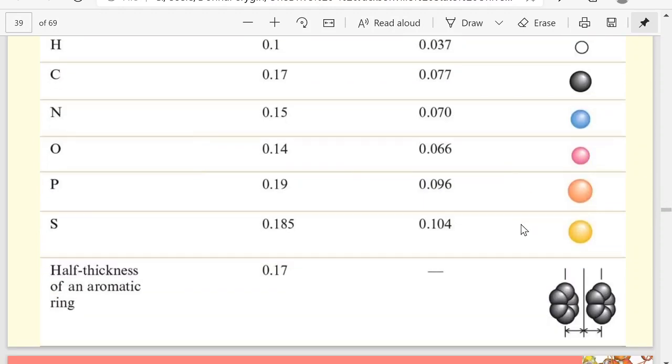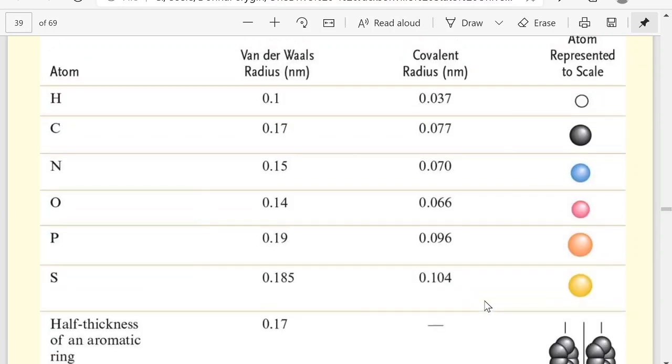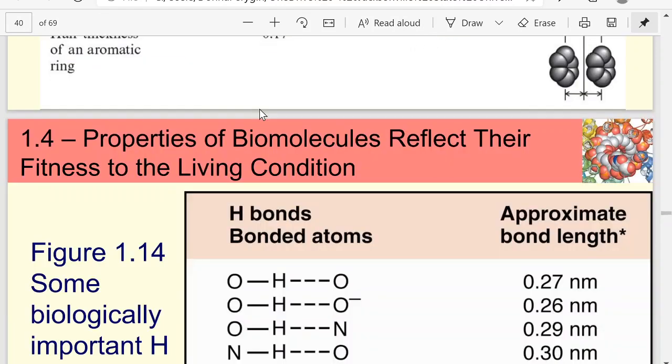But half the thickness of an aromatic ring would be the van der Waals distance of an aromatic interaction, and we're also going to see some of those in biological systems, and so that's 0.17. So if you compare that to a covalent radius, it's much weaker because it's much further, and so covalent bonds are stronger, they're closer together. Van der Waals bonds are weaker and further apart.